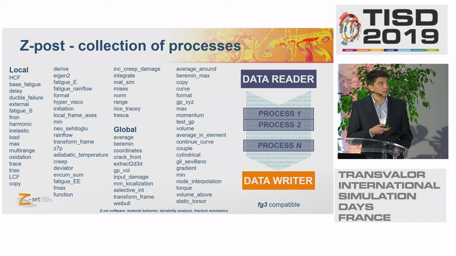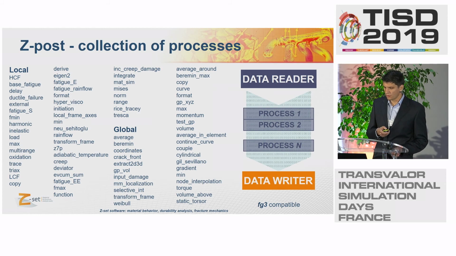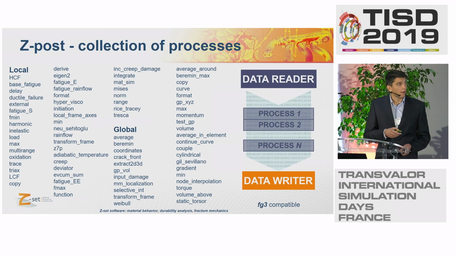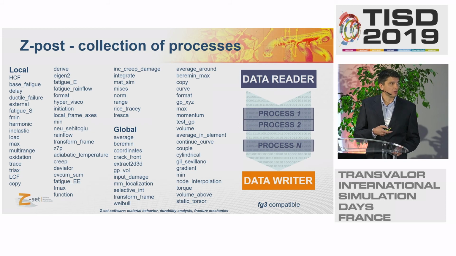So it starts from the data that we read from the finite element solver. We apply some number of processes and we write the output in the format of the finite element solver.